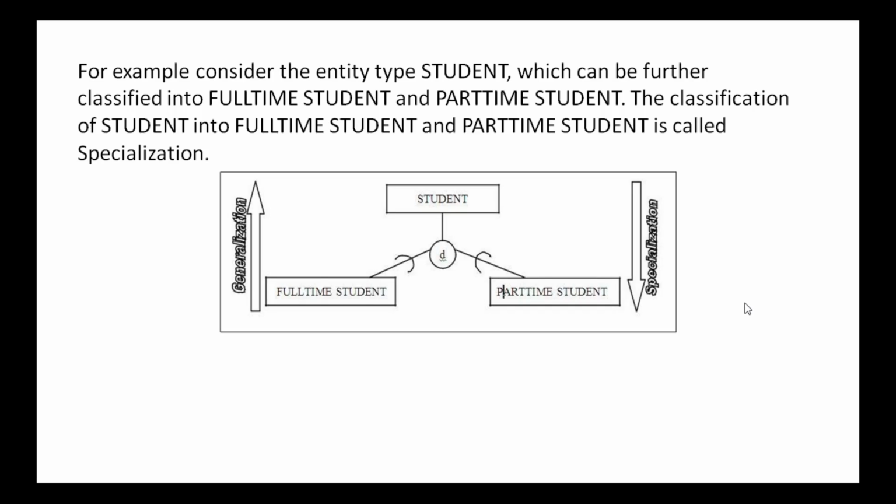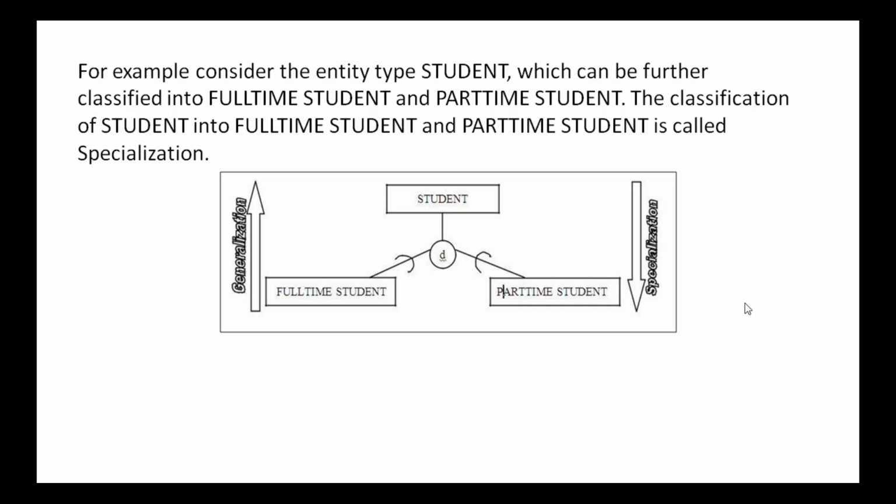Just see this diagram. Consider the entity type student, which can be further classified into full-time student and part-time student. First of all, we have to identify the student entity, that means the entity supertype.